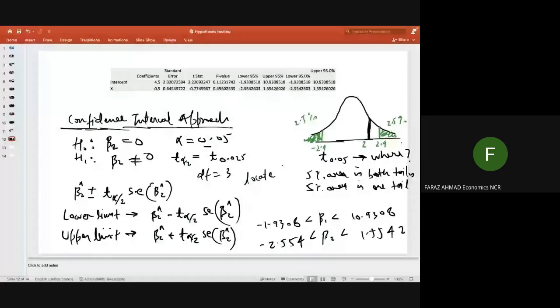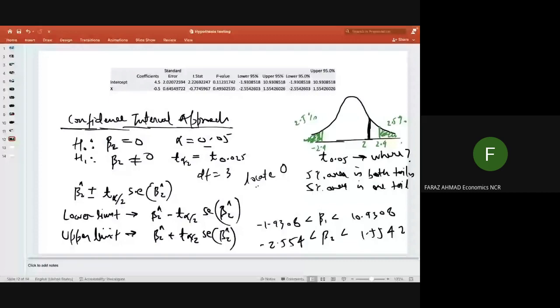So what does it mean? Now, what is the rule here? How do we reject and not reject the null, just by looking at the confidence intervals? What you have to do is locate zero.